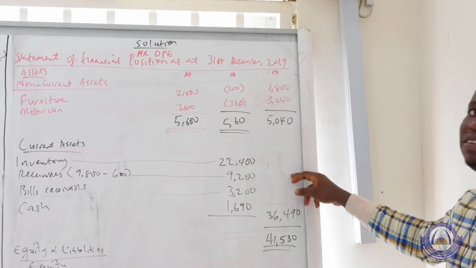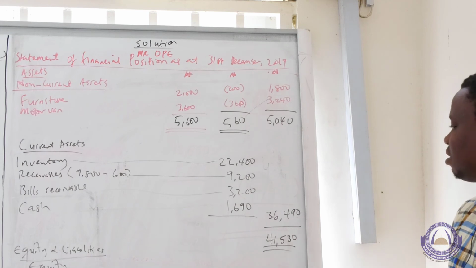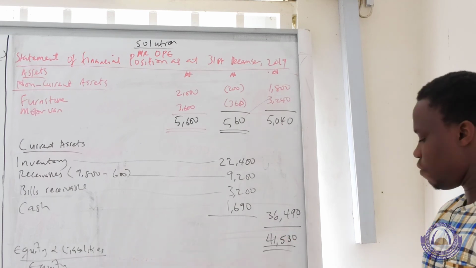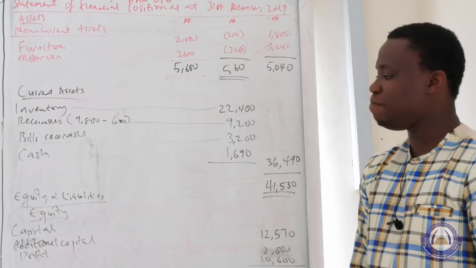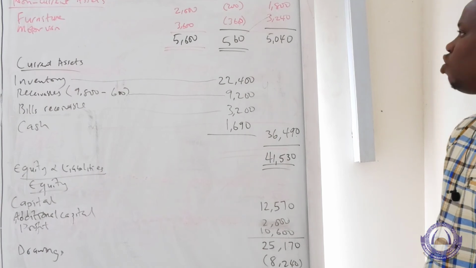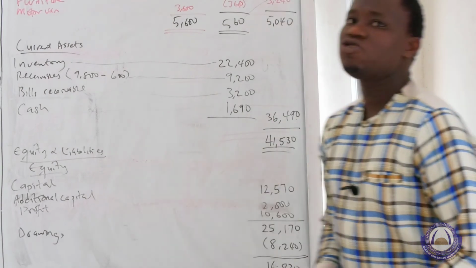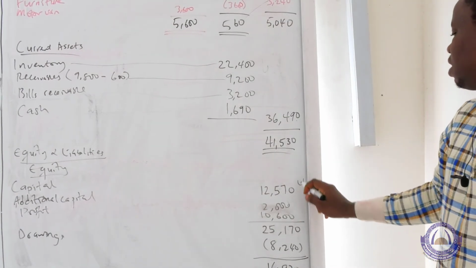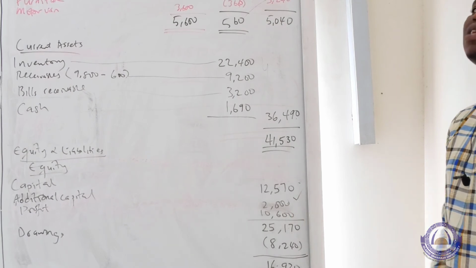So the total assets is 5,040 naira with 36,490 gives a total of 41,530. The equity and liability side, we start with our opening capital. The opening capital, as earlier derived, is 12,570. Then we had additional capital during the year, which is 2,000 naira.